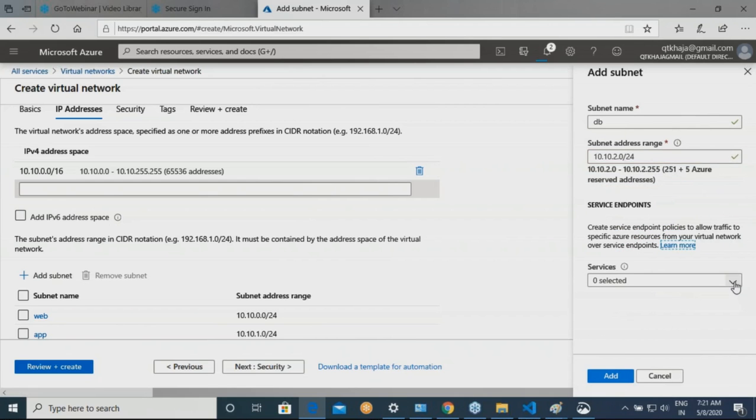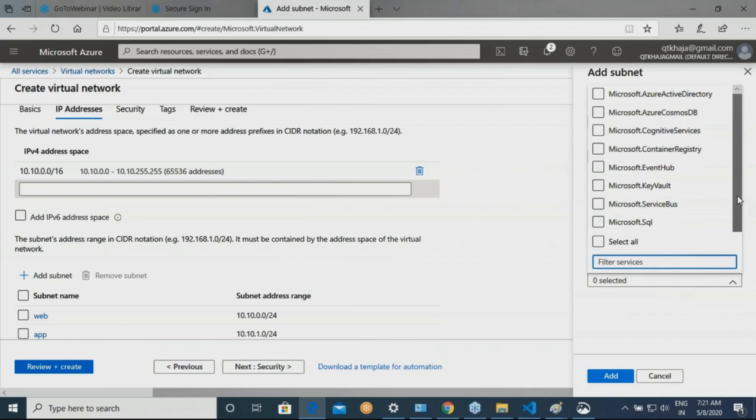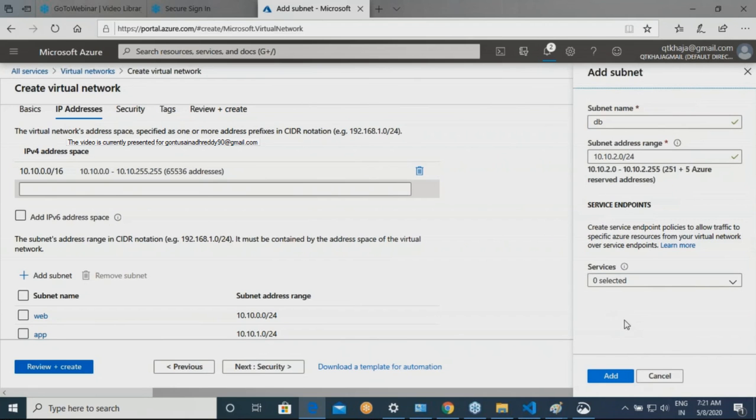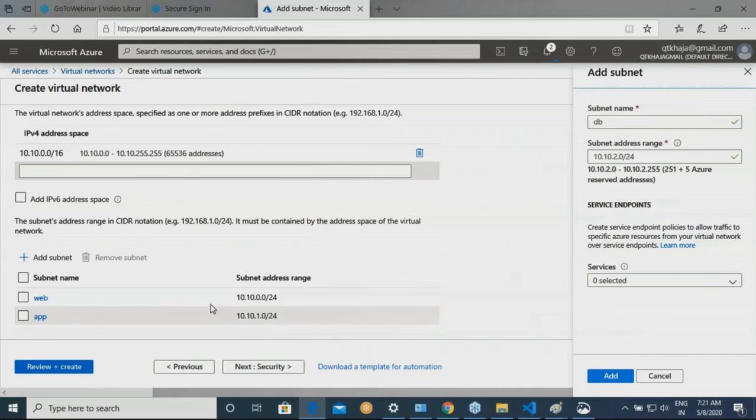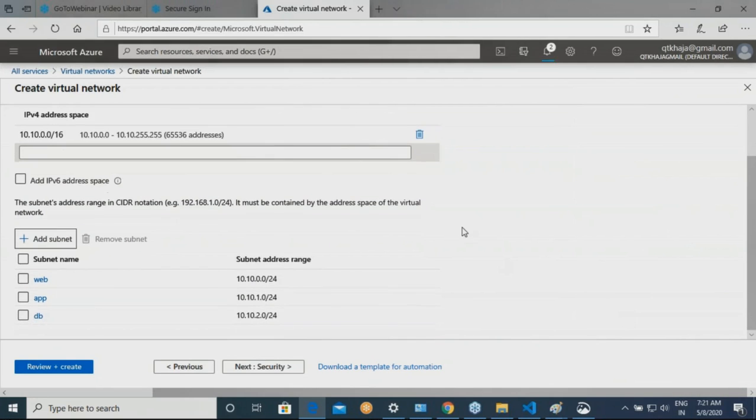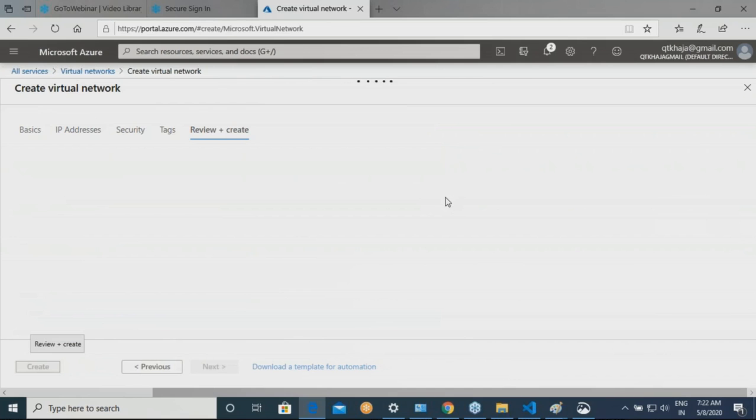Right now, I'm not adding any bastions, so I have not added any endpoints. If I want, I can add my Cosmos DB endpoints, if they are already available. So I have everything, and then I click on review and create.